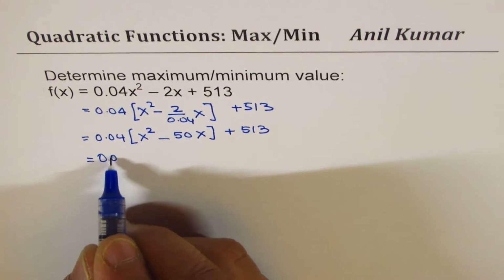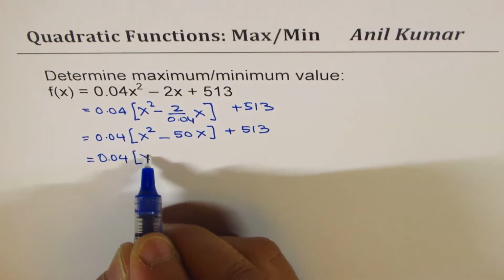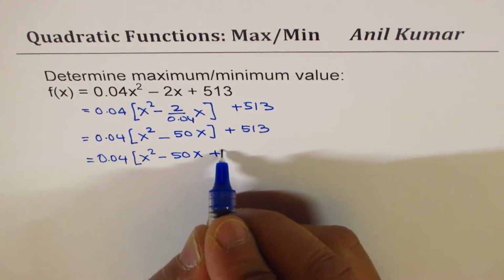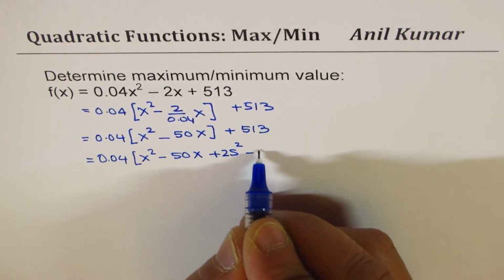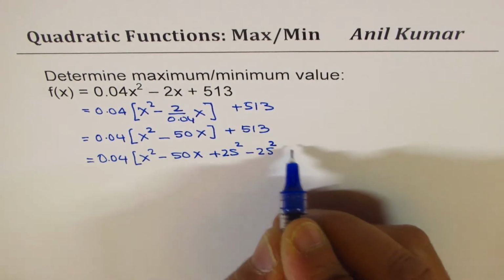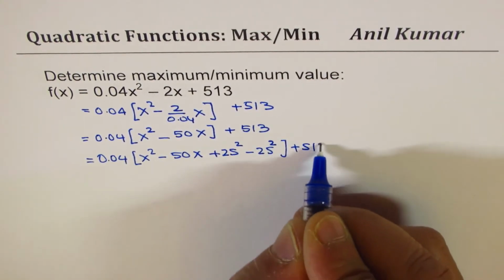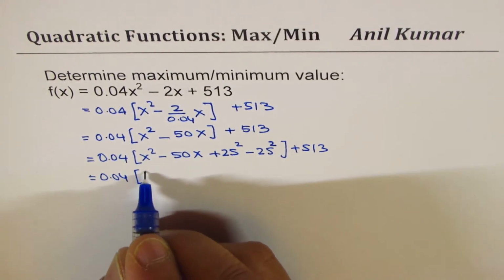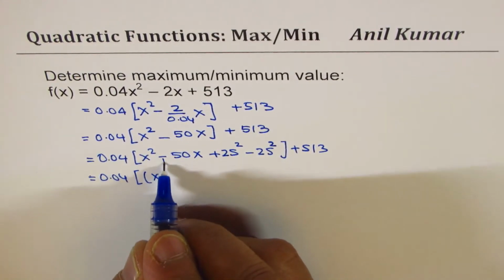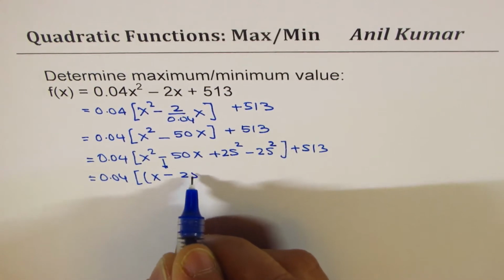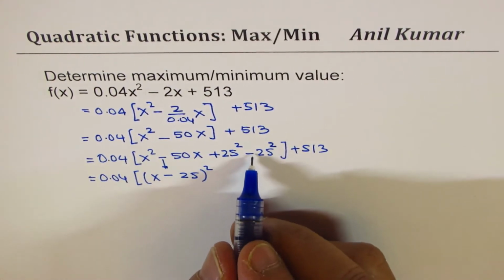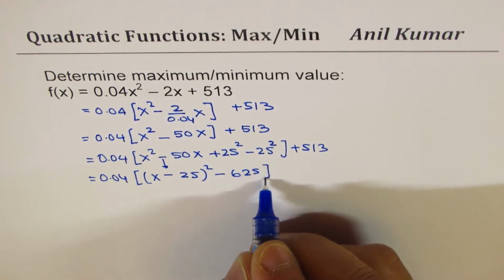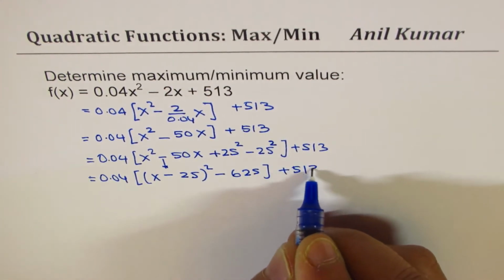Anyway, let's continue. So what we get here is x squared minus 50x, half of 50 is 25. So we'll add and subtract the square of 25 plus 513, and that is 0.04 x minus, comes from here, right? Minus 25 from there, whole square, and minus 25 square is minus 625 plus 513.